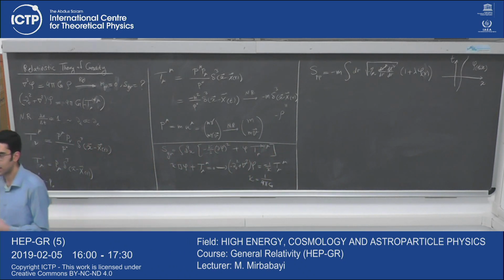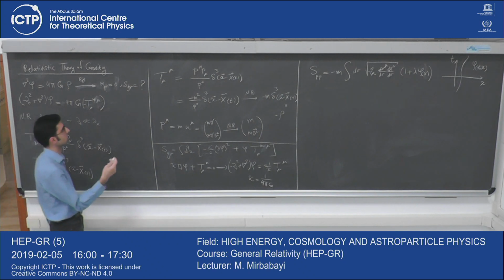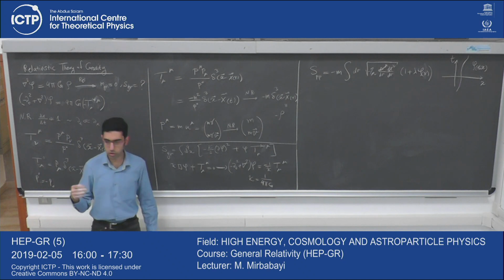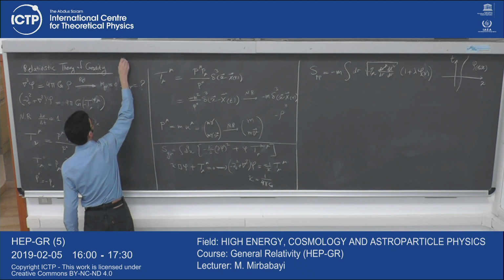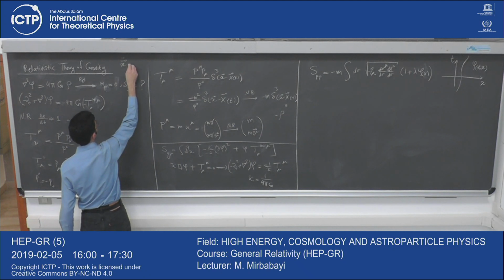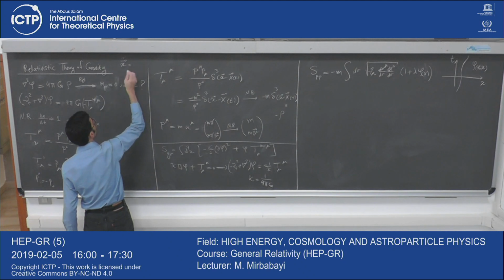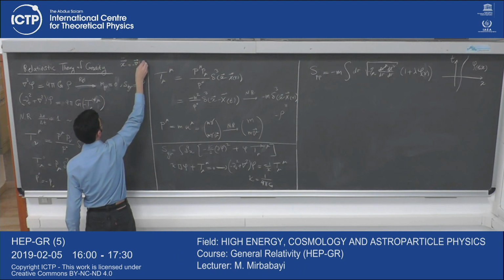Of course, what we expect is that if we have gravitational interaction and there is a massive particle moving in this gravitational field, then if it's a non-relativistic system, we should see the usual Newton's second law, F equals ma, with the acceleration a given by minus grad phi.